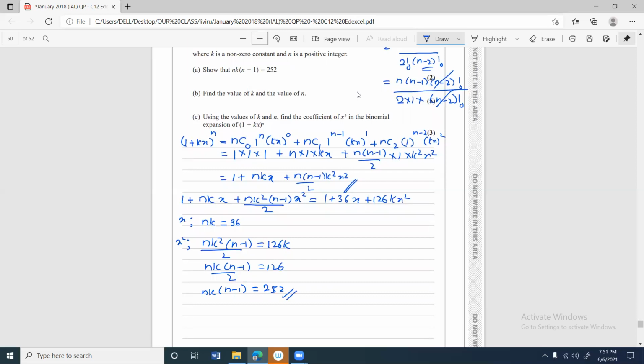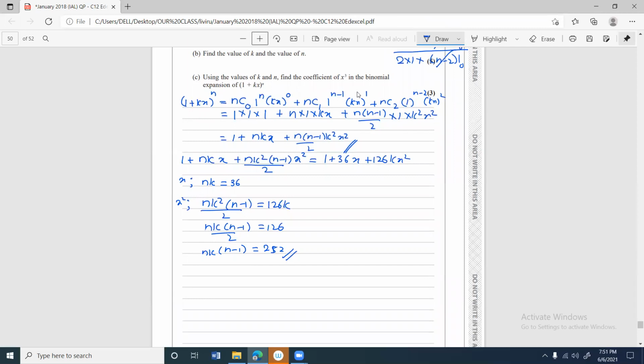Then find the values of k and n. From this one I know nk is 36. Therefore, 36 times n minus 1 is 252. From here, you get the answer for n. It is 252 divided by 36, plus 1. It turns up to 8.